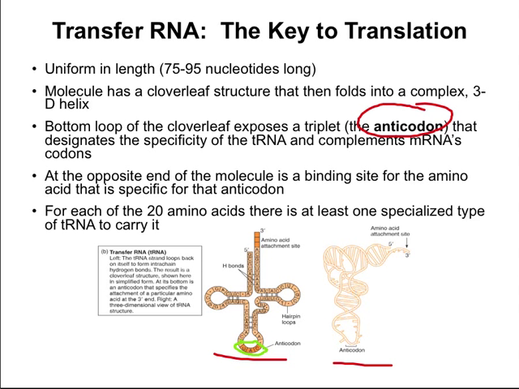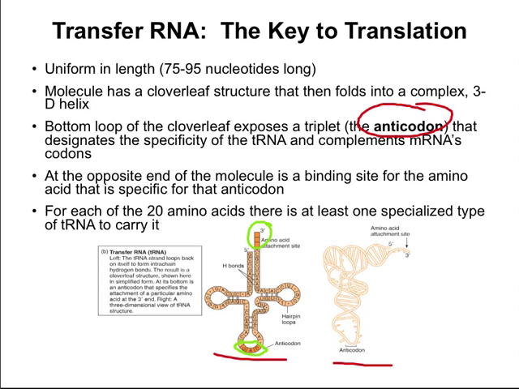This anticodon will eventually match up with a codon that's on messenger RNA. We'll see how this works later on. At the opposite end of that molecule, though, is a binding site for an amino acid. So the amino acid attaches to this 3' end of the RNA molecule.